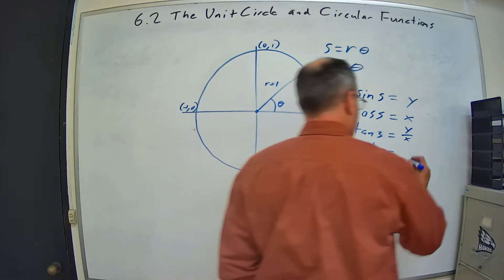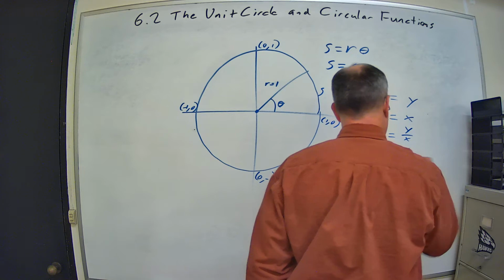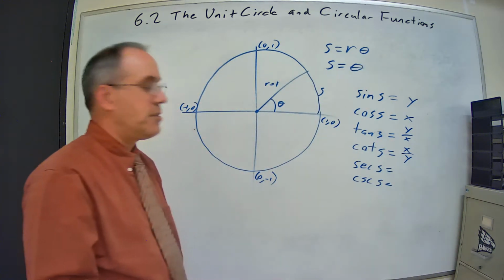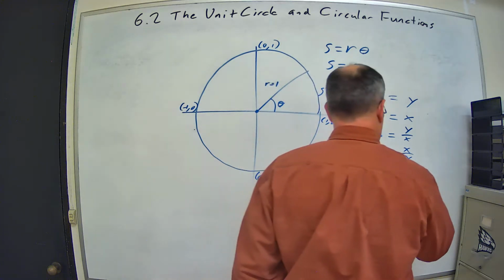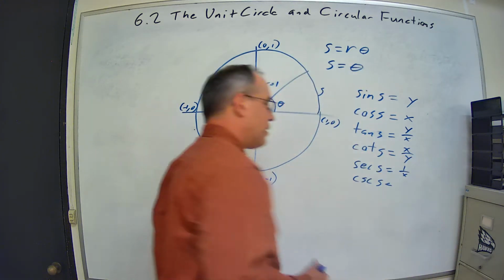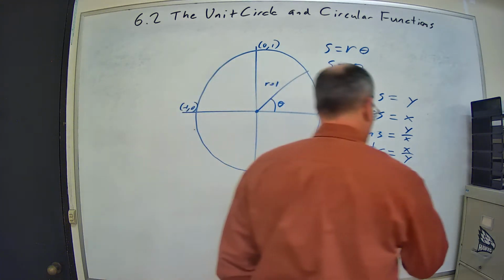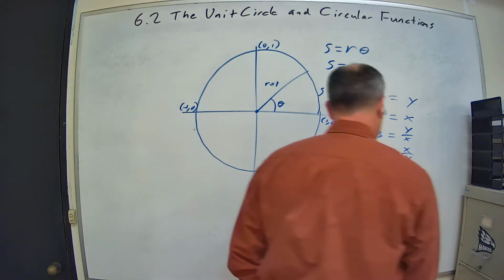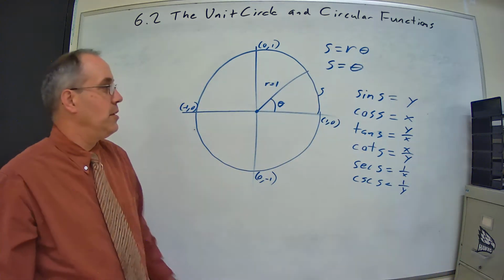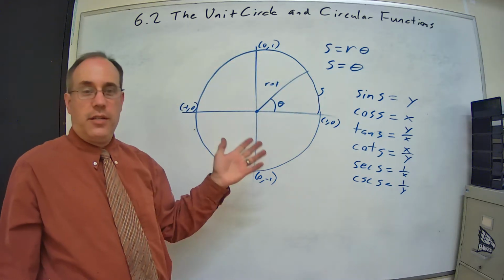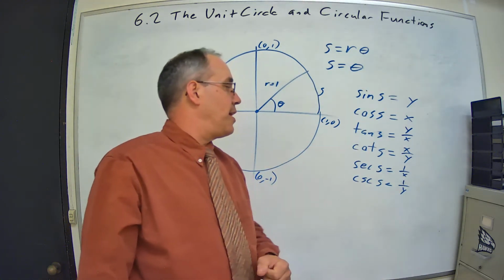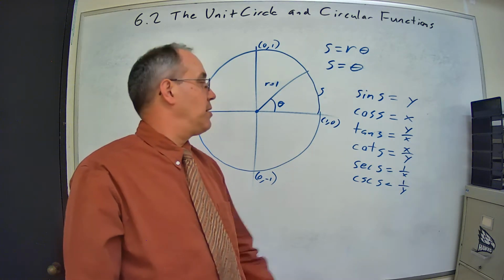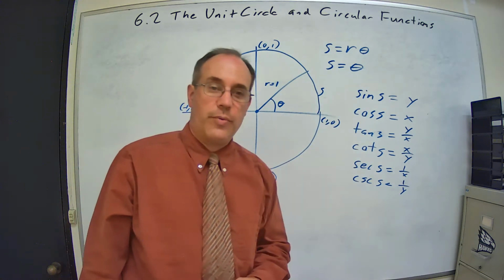Cotangent of S, x over y. Secant of S, 1 over x. And cosecant of S, 1 over y. So if we know a point on the unit circle, then we can easily fill in all of our trigonometric ratios.